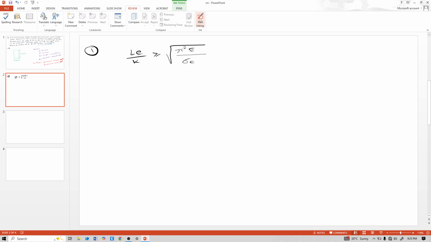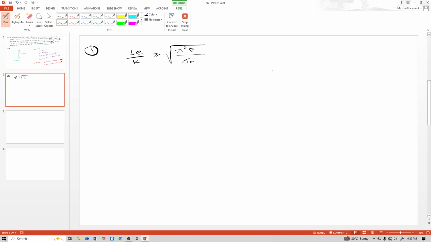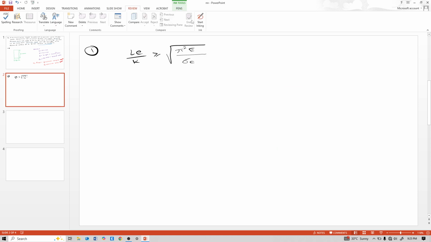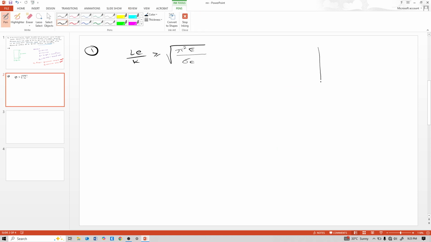So how to find this LE? First read this numerical. Boundary conditions are given somewhere with fixed end. So the column has both ends fixed. That means buckling is like that. And we know that effective length is nothing but the distance between points of contraflexure, and this is the actual length.